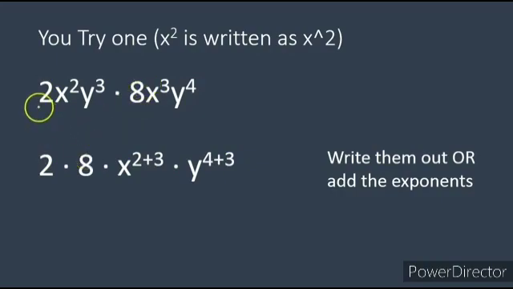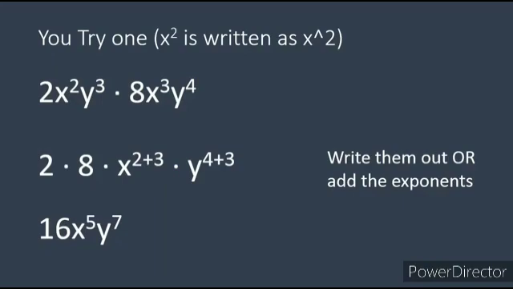Powers are to be added of same variable. Powers can be added only when we have a same variable. Then you need to understand clearly, children. Same variables power it can easily add. Lastly, you will get the product 16x to the power of 5, y to the power of 7.